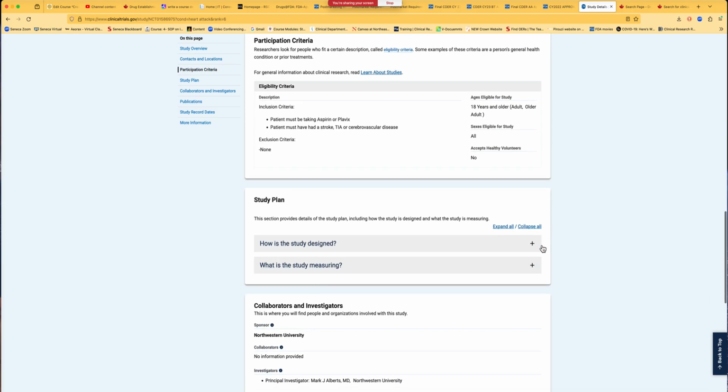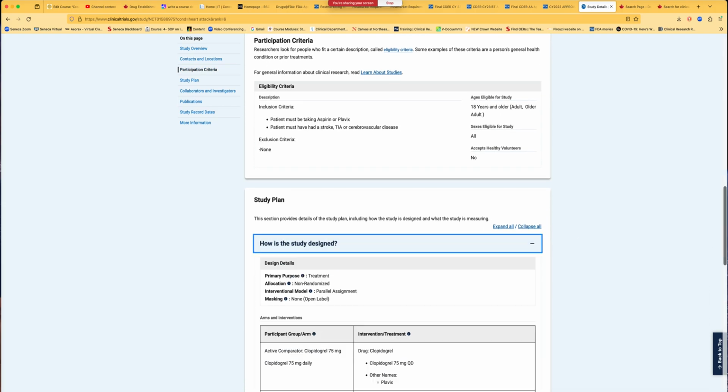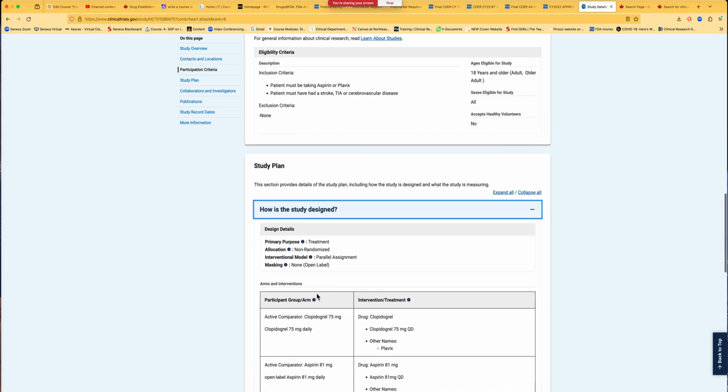Then we can look into the study plan, where we will be able to see what the allocation is, what the interventional model is, if it's masked or not. It means if patients know what they are taking or not.